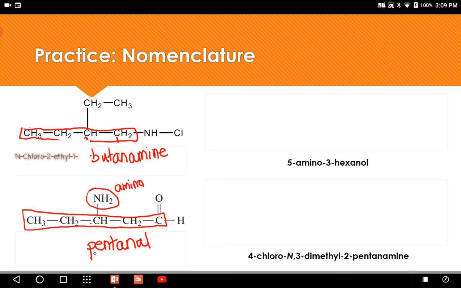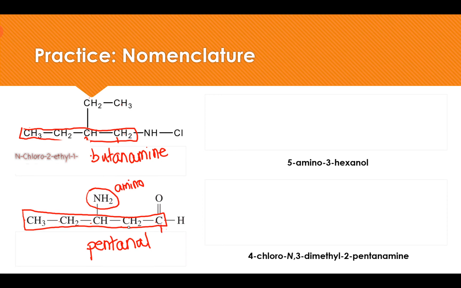That's pentanal. That's carbon number 1, 2, 3. And so off of the third carbon, we have an amino group. So that's 3-amino pentanal.